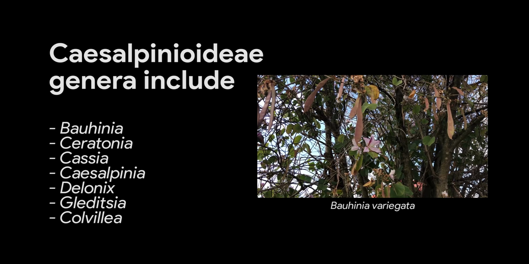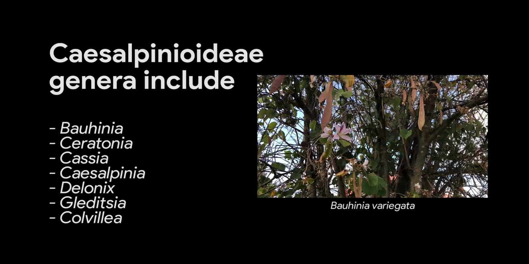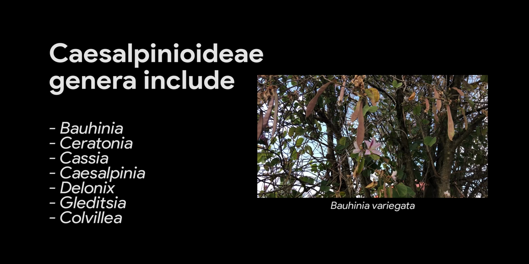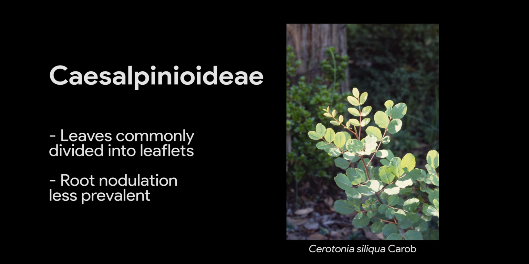Some of the more important Caesalpinioideae genera include Bauhinia, or the orchid trees, Caesalpinia, Ceratonia, or carob, Cassia, Senna, Delonix, Gleditsia, and Colvillea. Leaves of most species are divided into leaflets, typically pinnate or bipinnate.